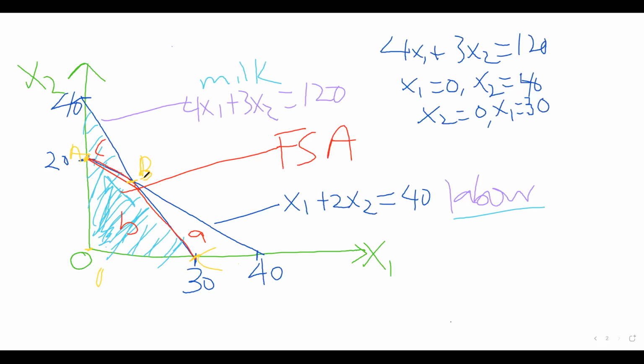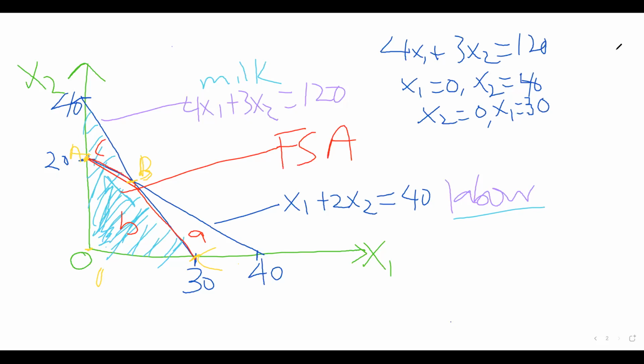Now, one way to identify this graphically is by drawing an isoprofit line. I'm going to show you what I mean by an isoprofit line. Guys, do you remember the Z formula? Let me just show you here.